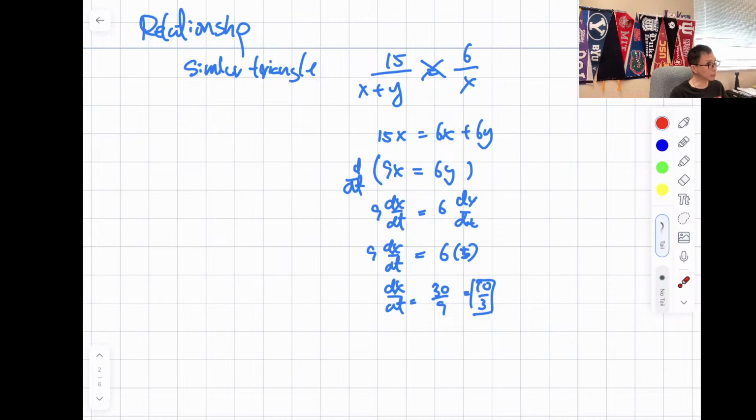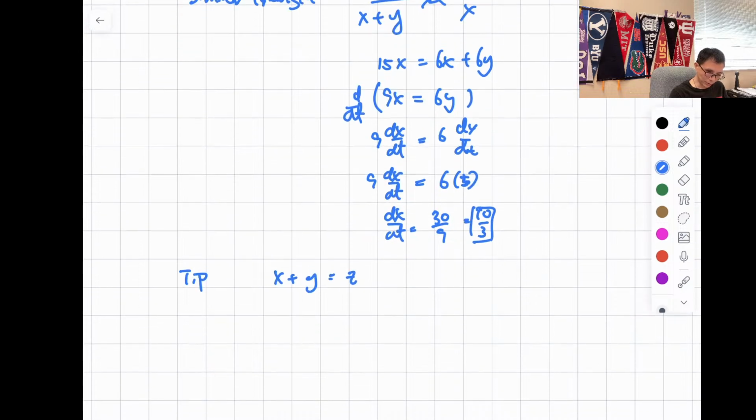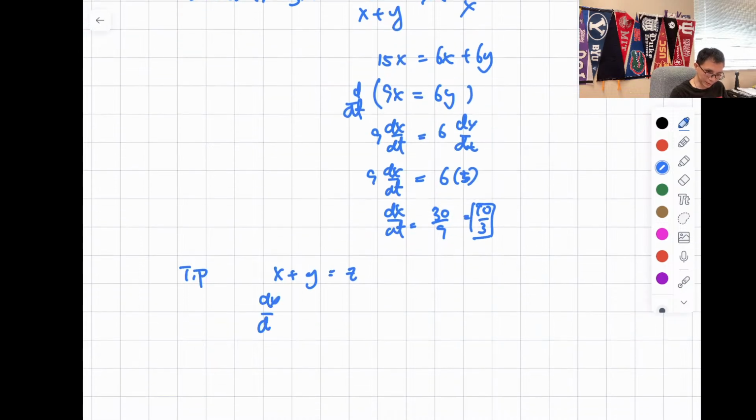Is that okay? Now, how fast is the tip of the shadow moving? What is it? 25 over 3. Why? Plug it back. Okay, so the tip is like what Aspen says, x plus y equal to z. So it'll be dx dt plus dy dt equal to dz dt, which is the tip.